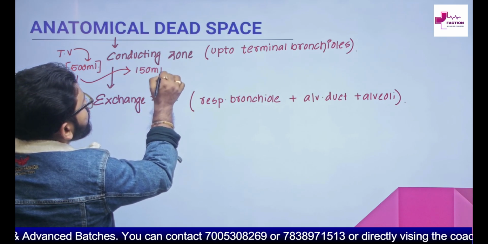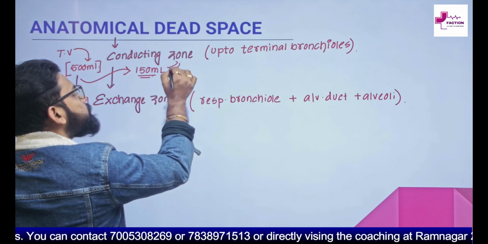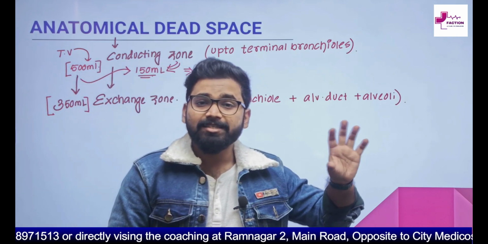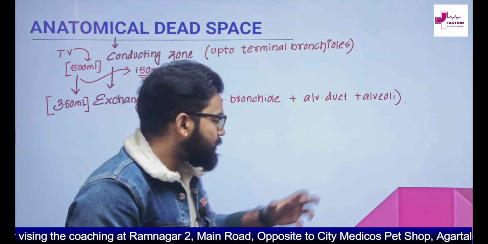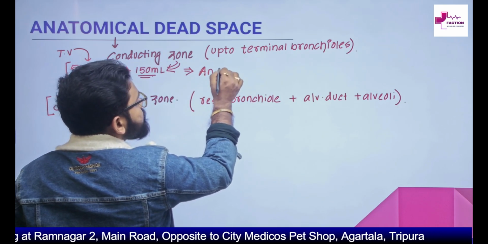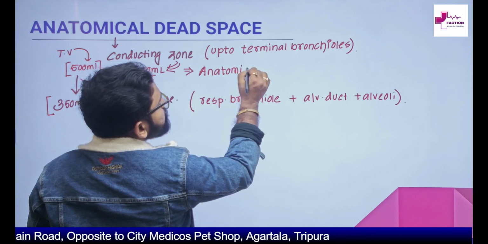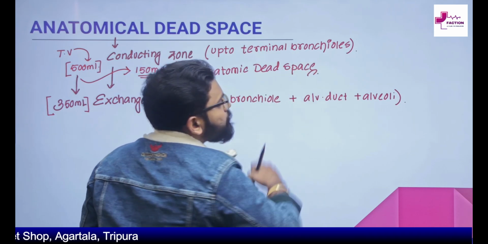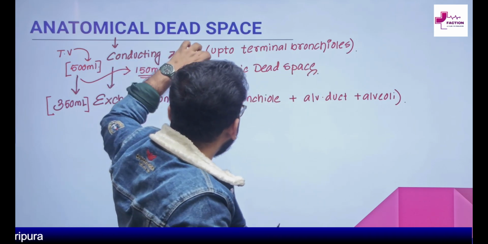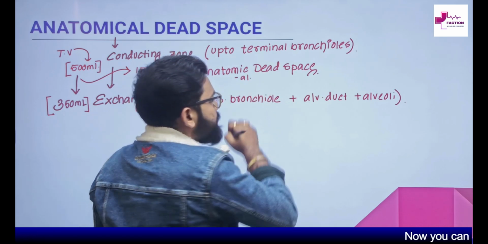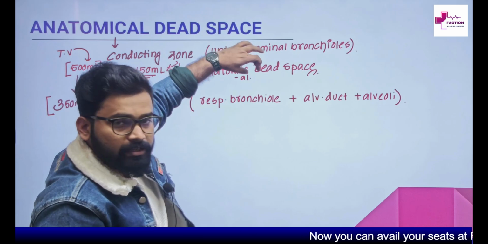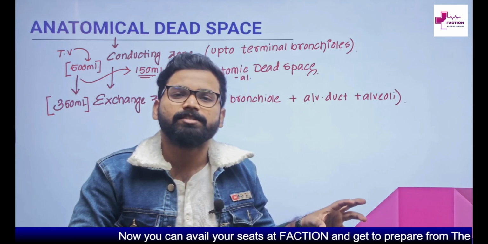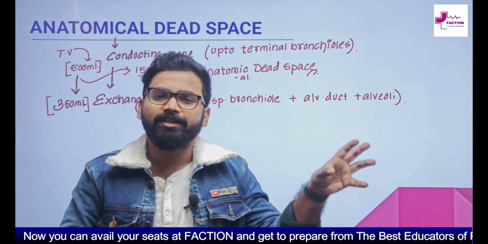This 150 ml is never exchanged by the alveoli. This is known as anatomical dead space. Fine. So I think the concept of anatomical dead space is clear. This volume of air remains in the conducting zone and never actually reaches the alveoli. This is called the anatomical dead space.